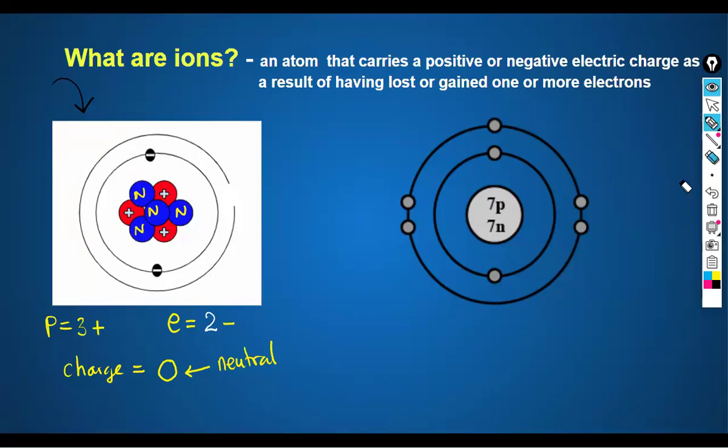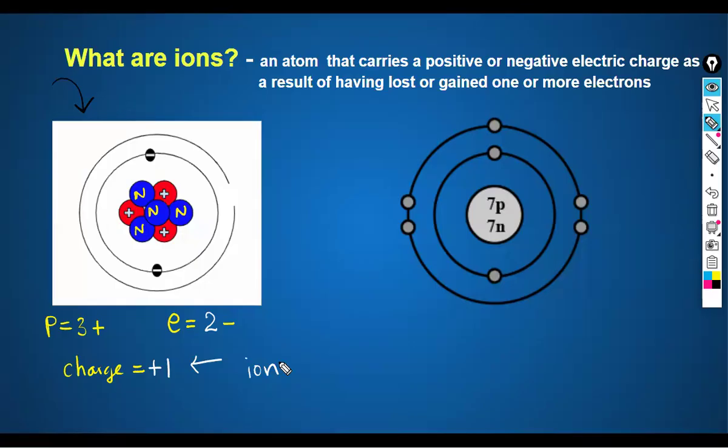So what's the overall charge now? Positive 1. Now it has more protons than electrons, right? So the positive charge is going to win, and it's going to win by how much? 1. Because positive 3 minus 2 is positive 1. Now the overall charge is not 0. So now this is an ion.